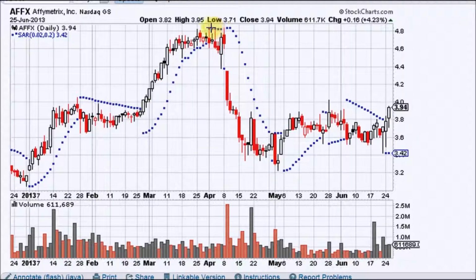You are selling the day after the SAR flip at about $4.60. On a 1,000 share trade, you've made $600 in about 1 month for spending only $4,000. That's not bad. Okay? And it's a good thing you sold the second day because it just falls like a rock.